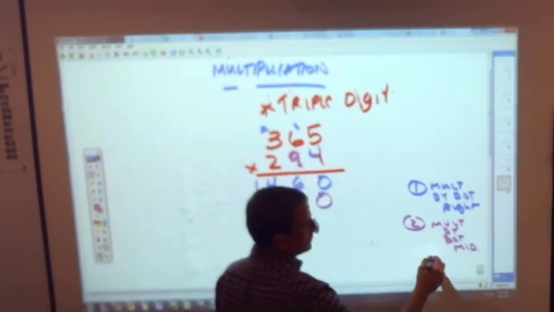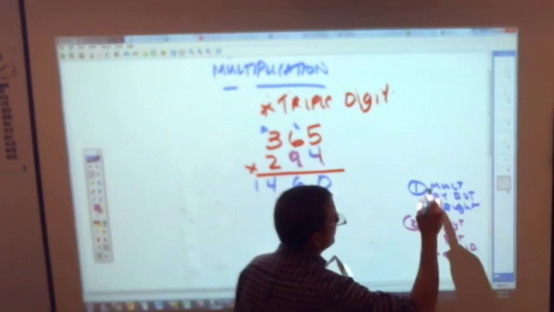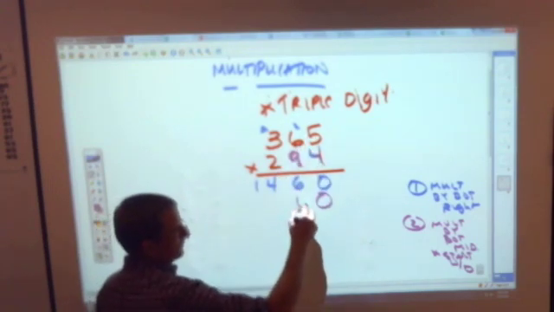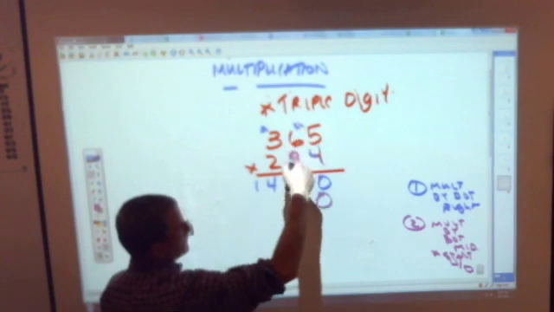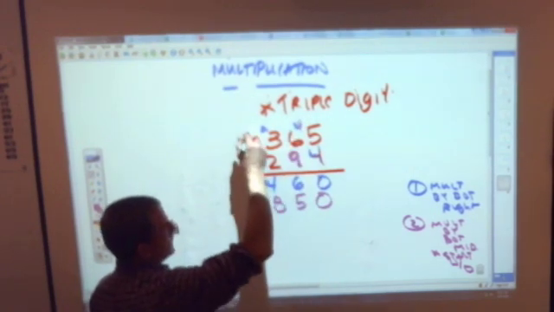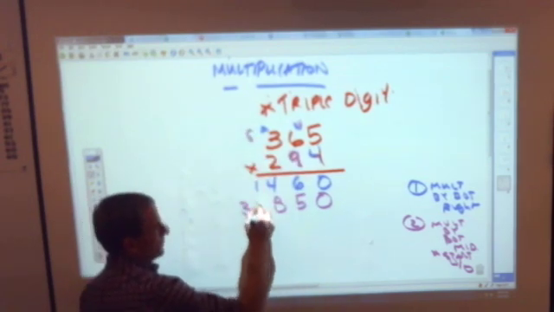You must start with a 0. Start with a 0. And then you can start with the 9. 9 times 5 is 45. Carry the 4. 9 times 6 is 54, plus 4 is 58. Carry the 5. 9 times 3 is 27, plus 5 is 32.